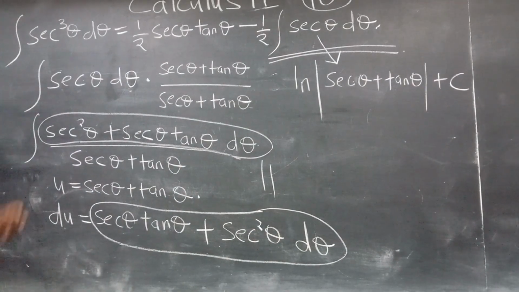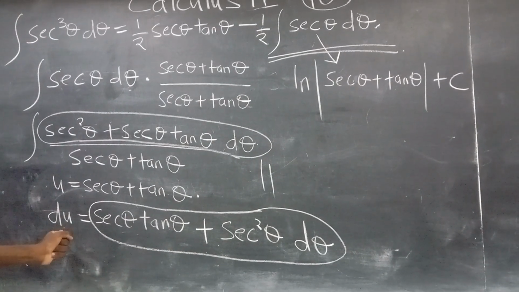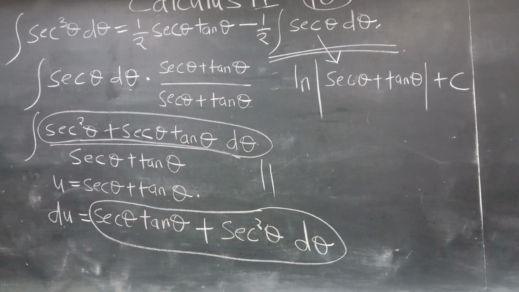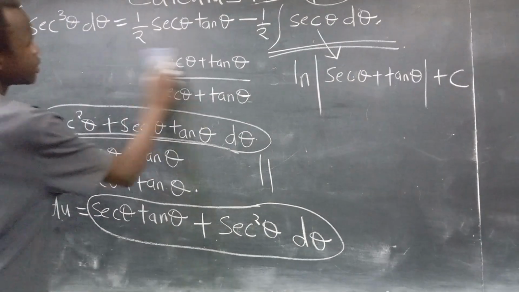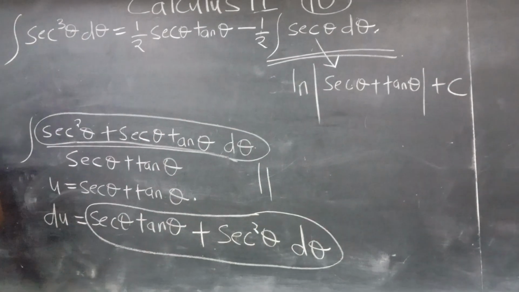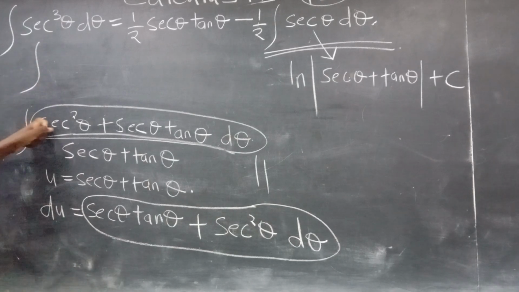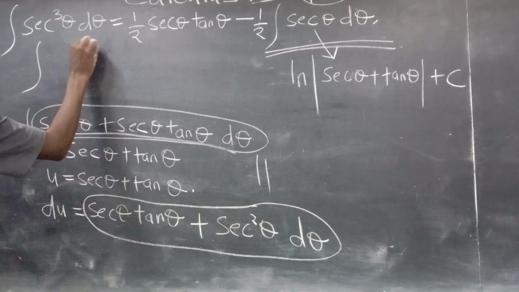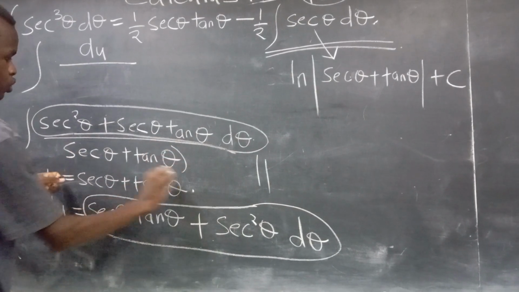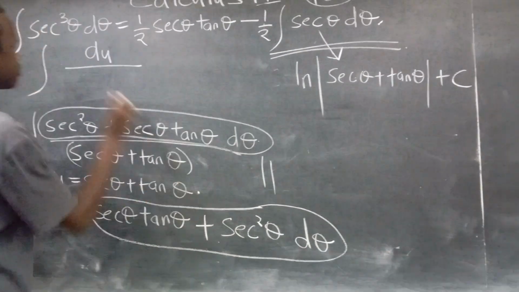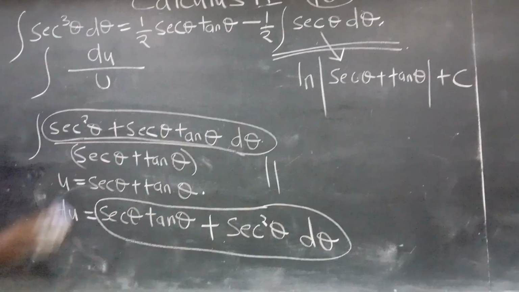So I will change all the upper part and replace it with the term du. Replacing that, I'll get the integral of du divided by the denominator. I said choose this denominator to be u, so I'll divide it by u. Okay? Simple.